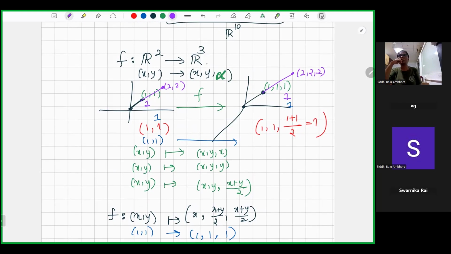Will this always follow that path? Or I can say f of 2 comma 2 comma... I want it to be linear. So yes, I can do this. f of 2 comma, how to do it?